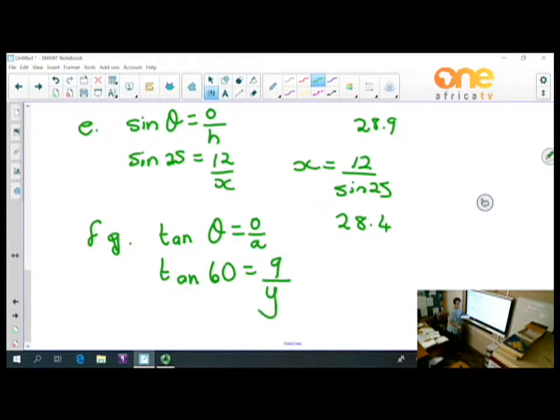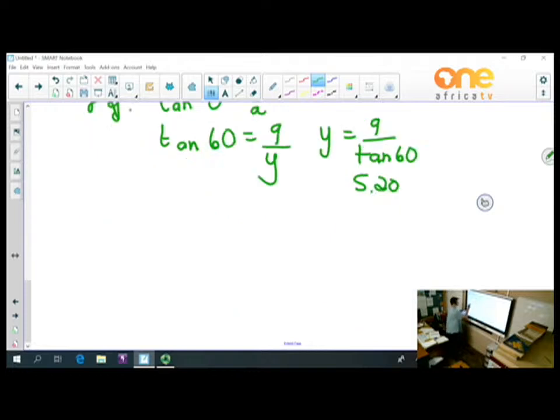How do I get the bottom one? Which method? Bottom divide. So 9 divided by tan 60 is equal to 5.20. Look at the rounding every time: 3 significant figures.